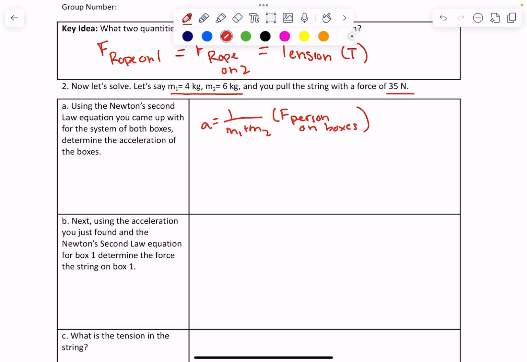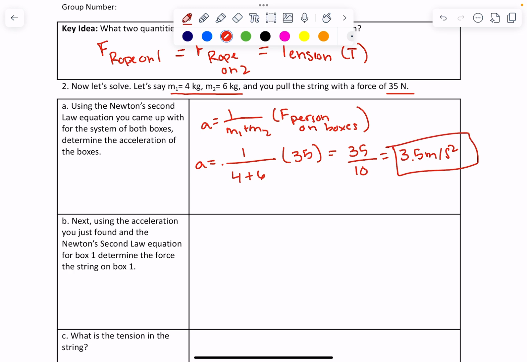Here m1 is 4, m2 is 6, and the force the person exerts is 35. So we have 35 divided by 4 plus 6, which is 10, giving us 3.5 meters per second squared. That's our acceleration.